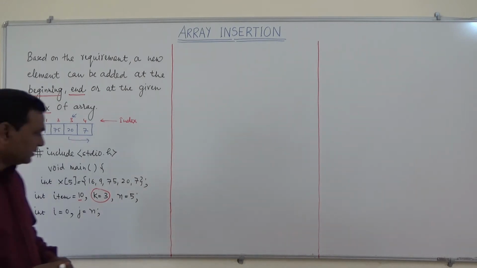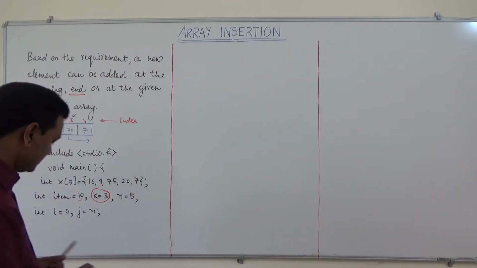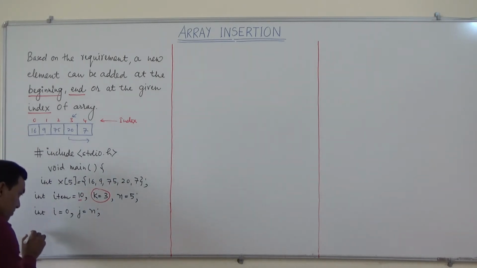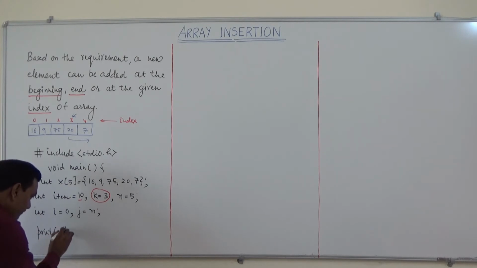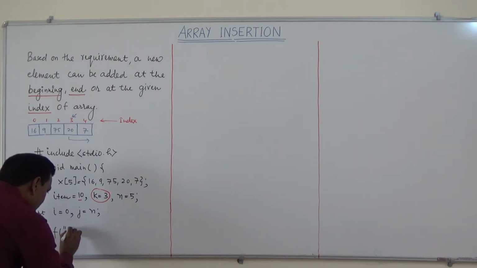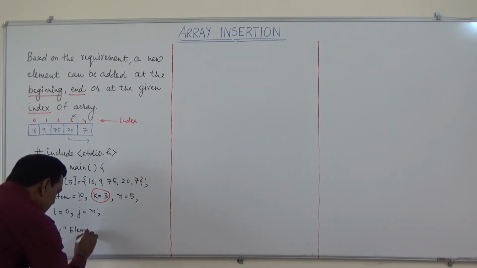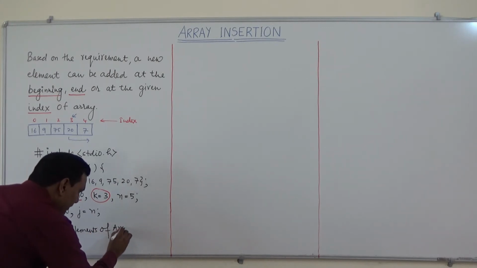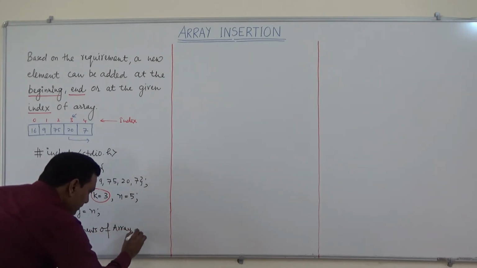Now we will print this array which is containing 5 elements. We can use the simple function printf, elements of array are.